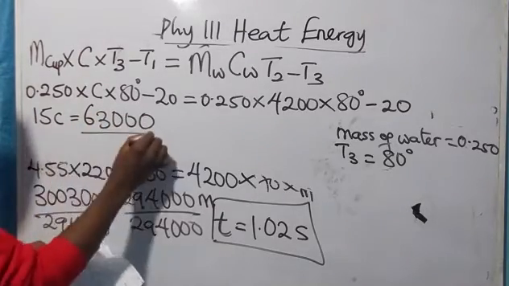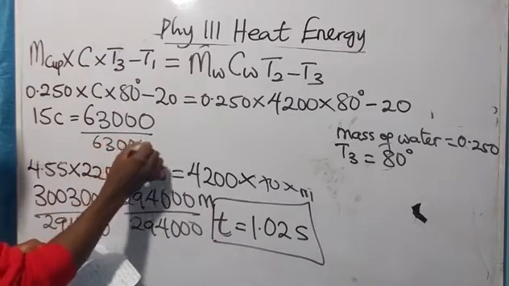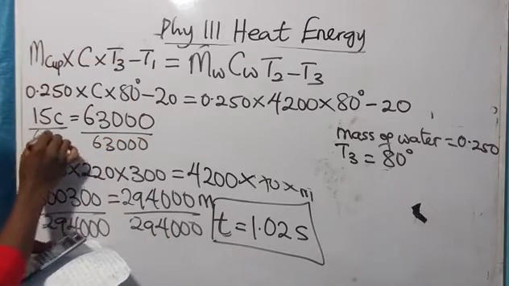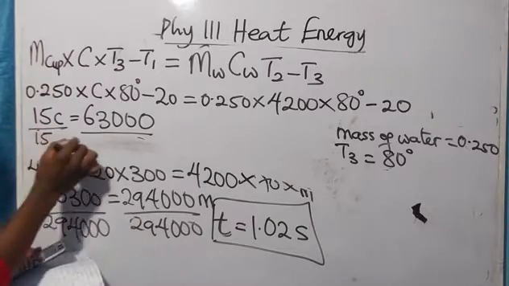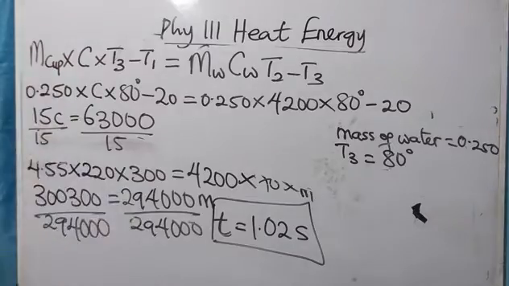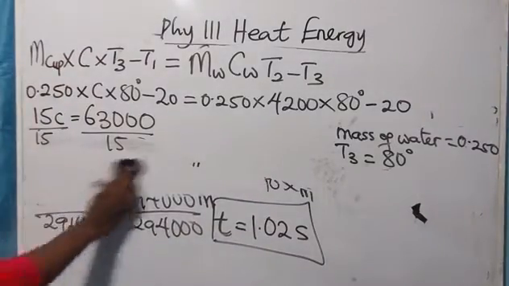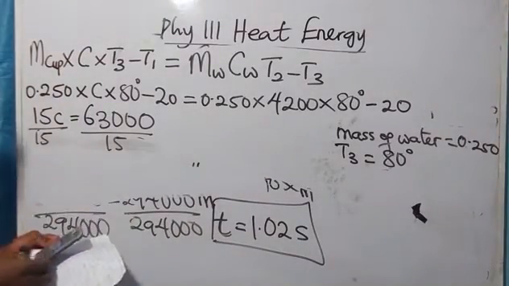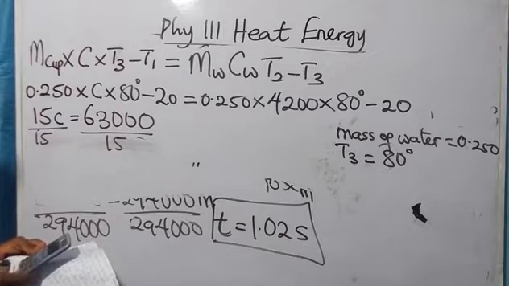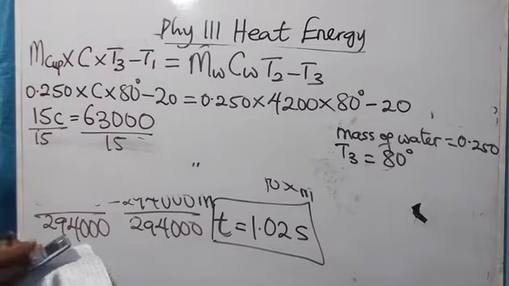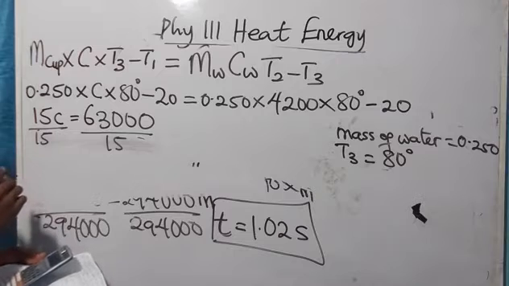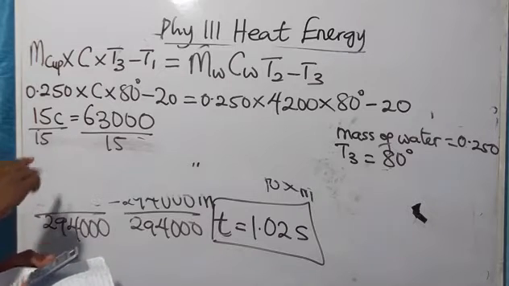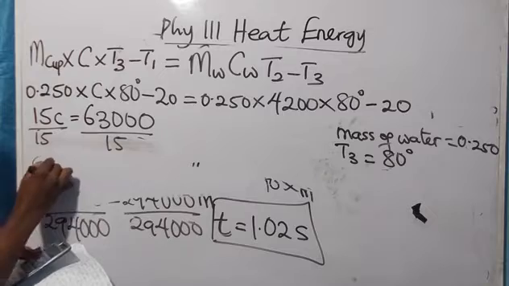So divide both sides by 15. 63,000 divided by 15, you have 4,200.